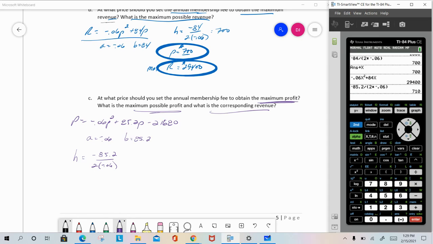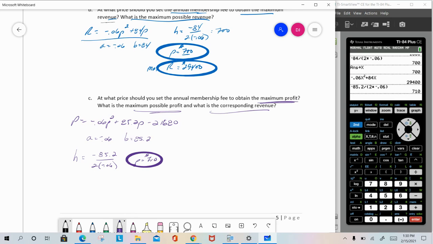And so my price would need to be 710. So that price of 710 will not maximize my revenue, right? 700 will maximize my revenue, but 710 is going to maximize my profit.